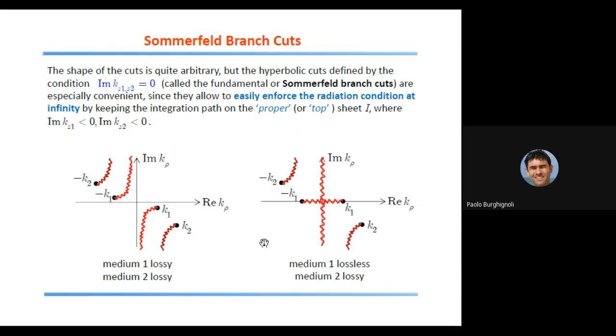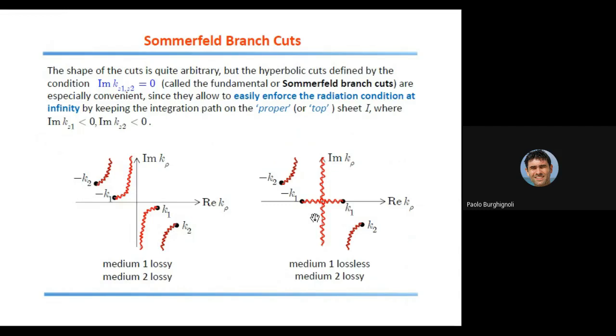Note that in our problem, actually medium 1 was a vacuum, so medium 1 is lossless, so K1 is in practice real. And so those hyperbolas, the light red hyperbolas, collapse onto the real and imaginary axis, so they become those straight lines indicated here.